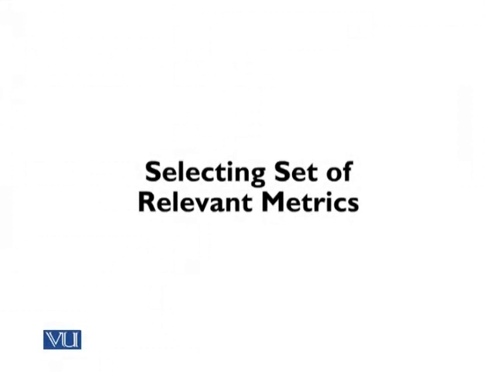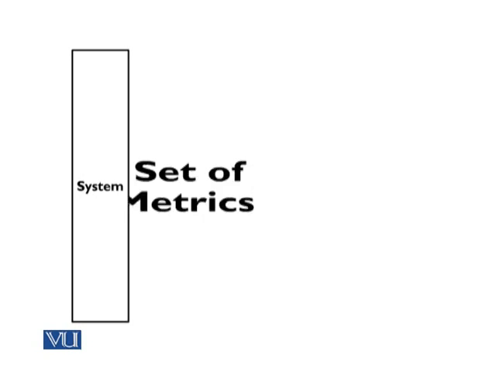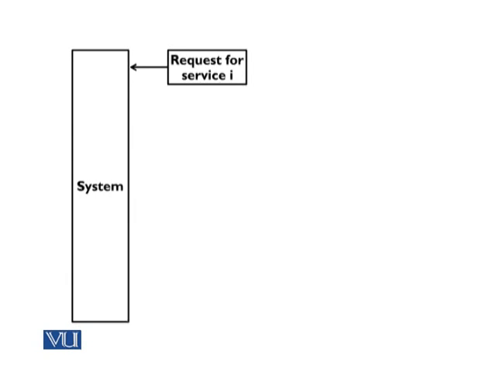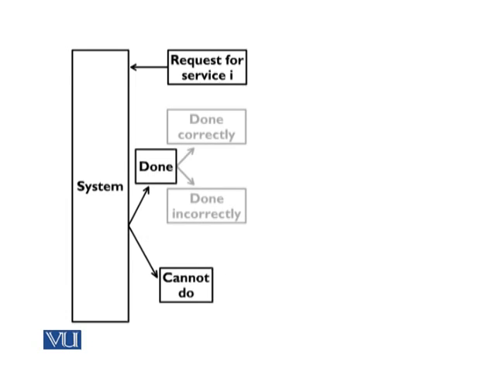Initially, we think of all the services that the system offers. After that, for each service we see what can happen if we send a request for that service. Two things can happen: either it will be done or it will not be done. If your request is being processed, what can happen then? It can be done correctly or it may be done incorrectly.